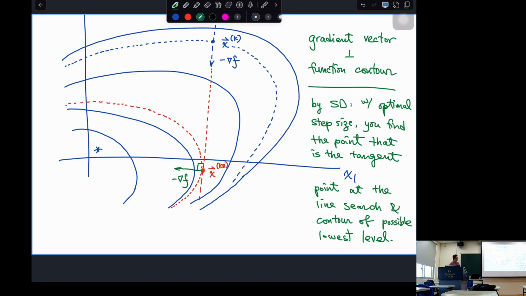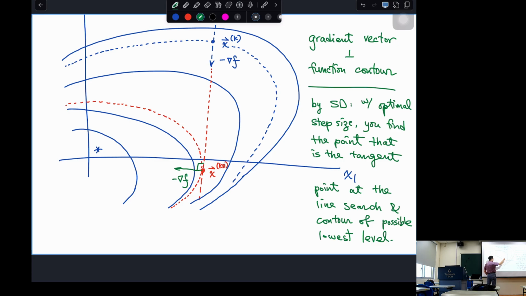If I explain in this way, this point is the point along this line search, and it's gonna be the tangent point. Tangent between this straight line and the most possible contour that has the lowest function value, right?